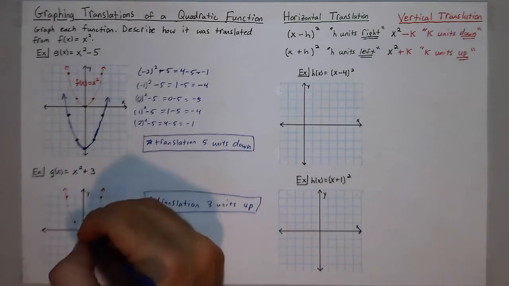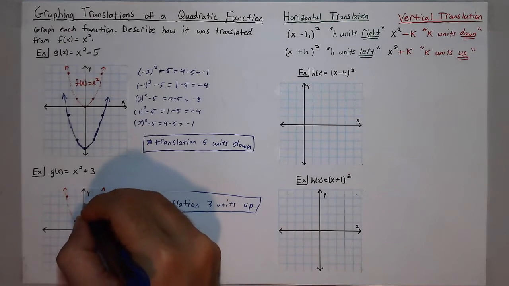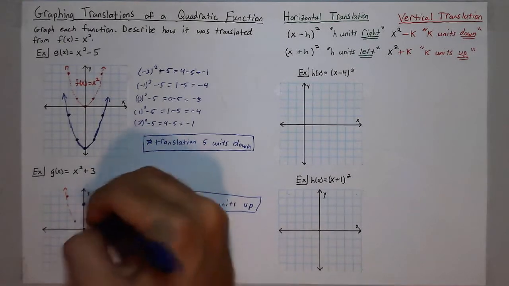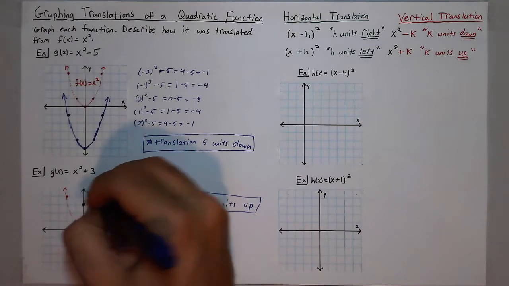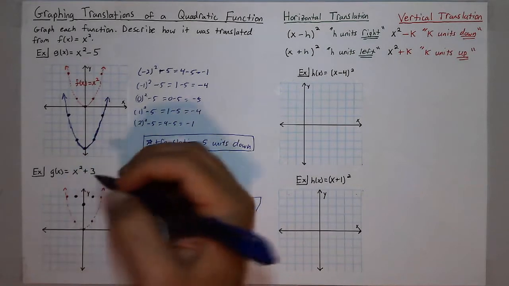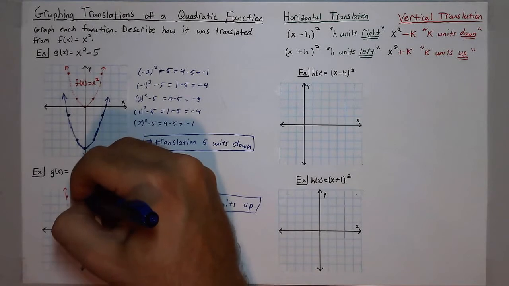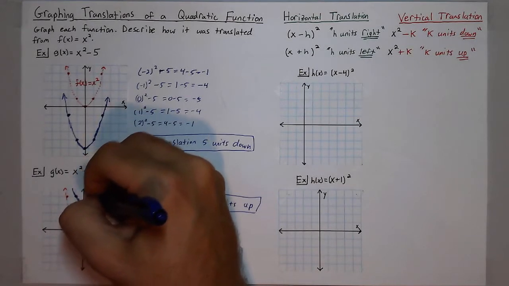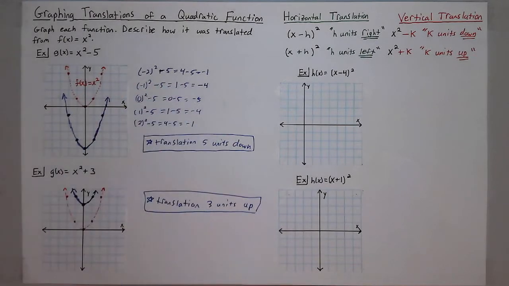So the vertex goes up 1, 2, 3. 1, 1 goes up 1, 2, 3. -1, 1 goes up 1, 2, 3. The other ones go off of the grid paper, but we can see here that our graph has shifted upwards. So everything has shifted upwards for this parabola.